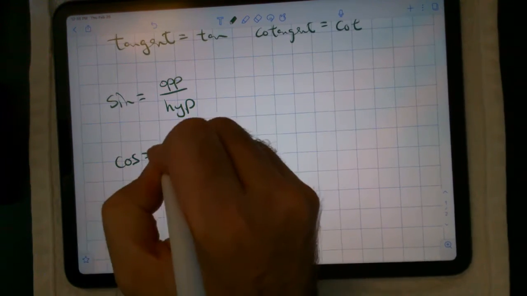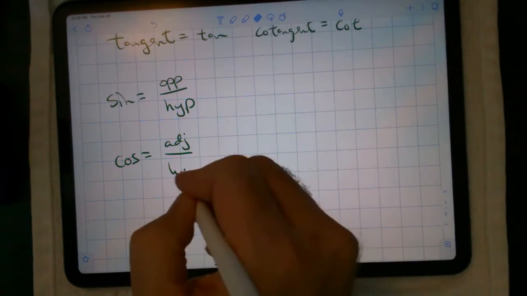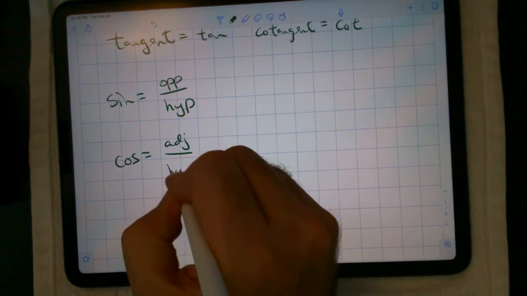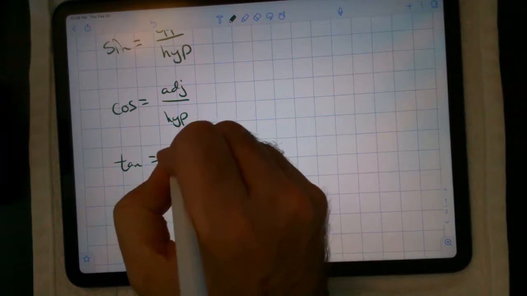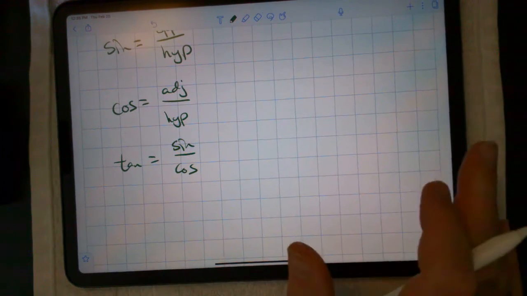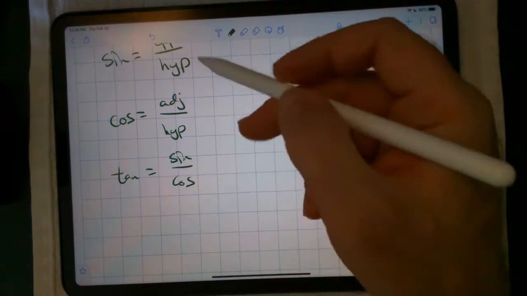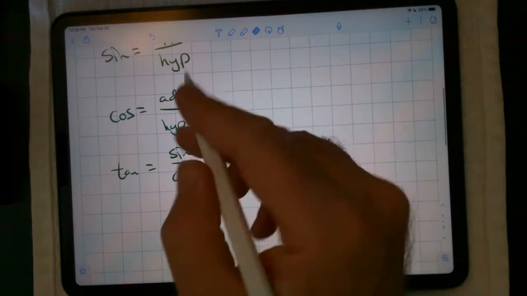Sine is equal to your opposite over your hypotenuse. The cosine is equal to the adjacent over hypotenuse. And the tangent is equal to sine over cosine, which means your tangent is just your opposite over adjacent.